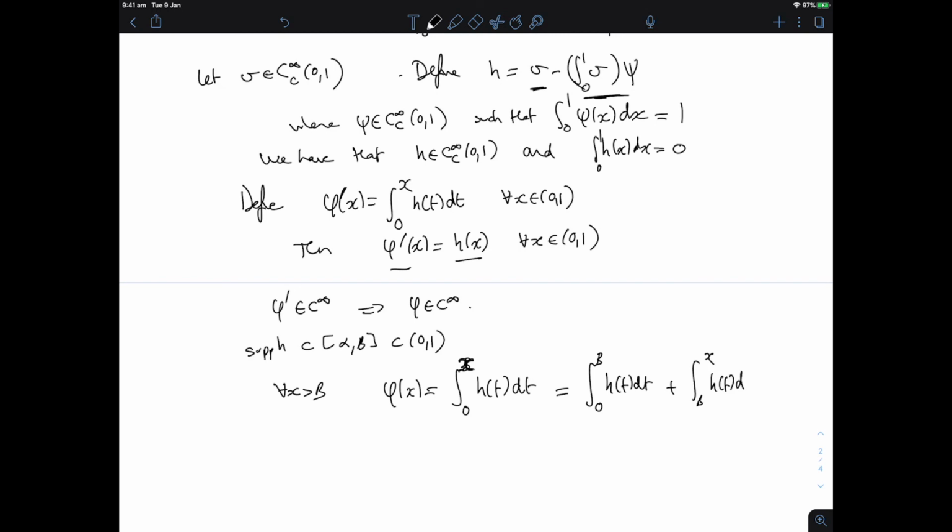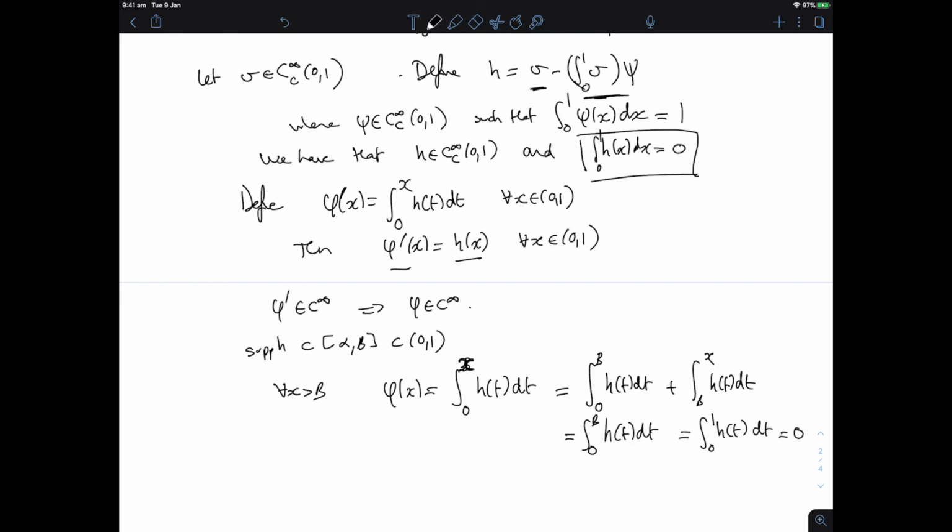But above beta, h is 0, so this is just the integral from 0 to beta of h of t dt, which is also the full integral from 0 to 1, because between beta and 1, h is 0. But h has mean 0, that's a very important condition that we've imposed. That's why we've subtracted something from our generic v. So phi of x is 0 above beta.